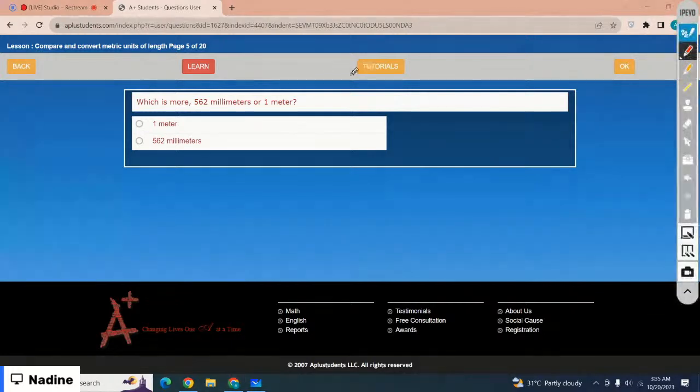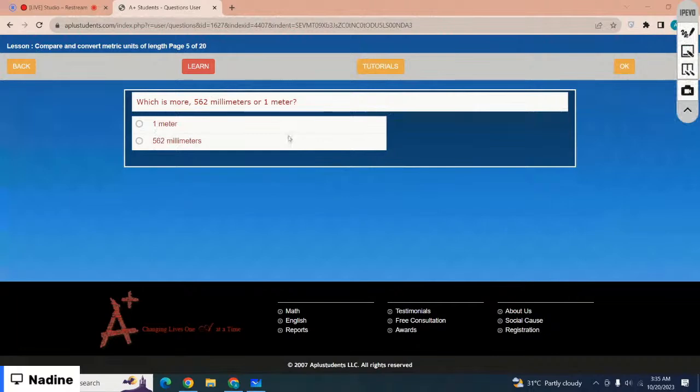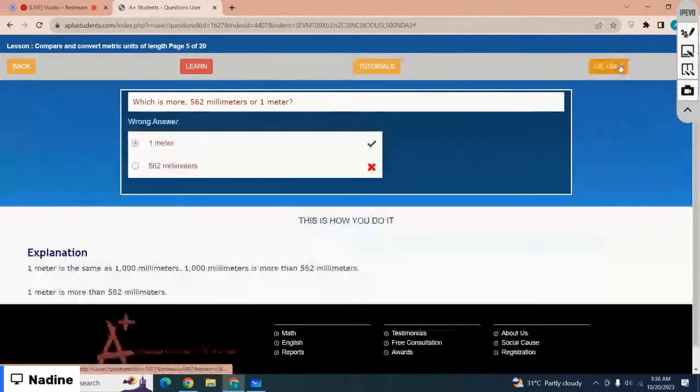So which is more? Obviously 562 millimeters is less than 1000. How do you say 1 meter? Oh, sorry. 1 meter equals 1000 millimeters.